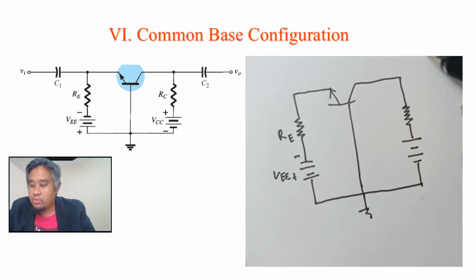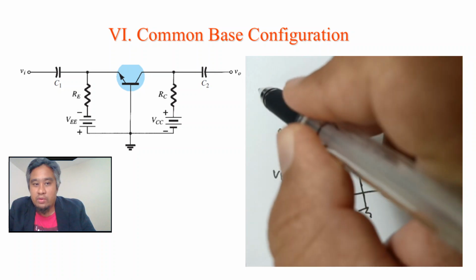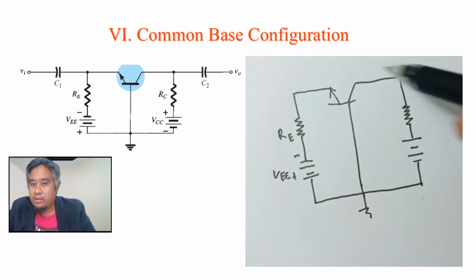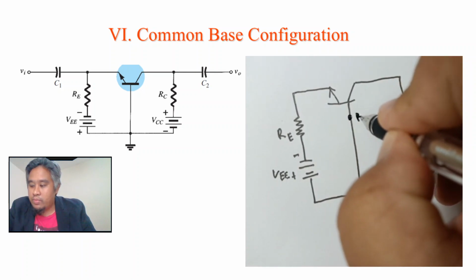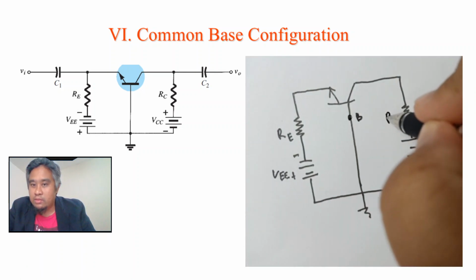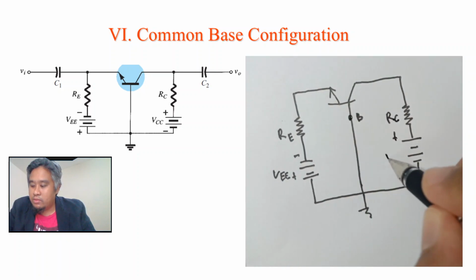Here we have C2, and we have to remove the capacitors, because when we do the DC analysis it means we have to open the circuit for the capacitors, as well as for C1 and C2. Here we have the base, this is RC, this one positive, minus, VCC.